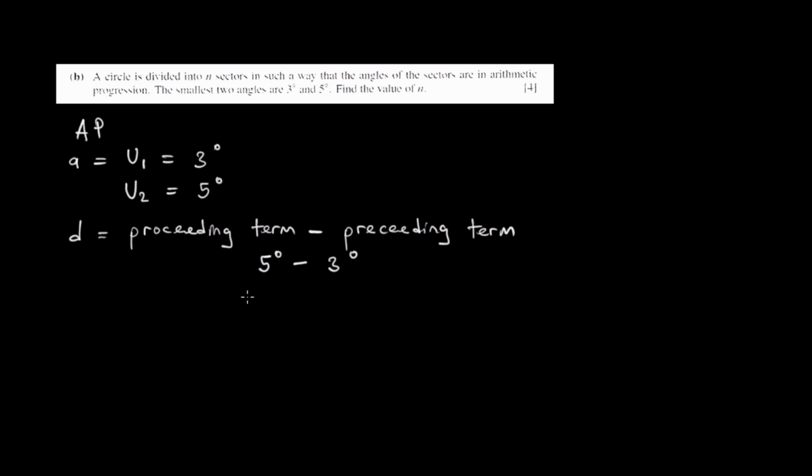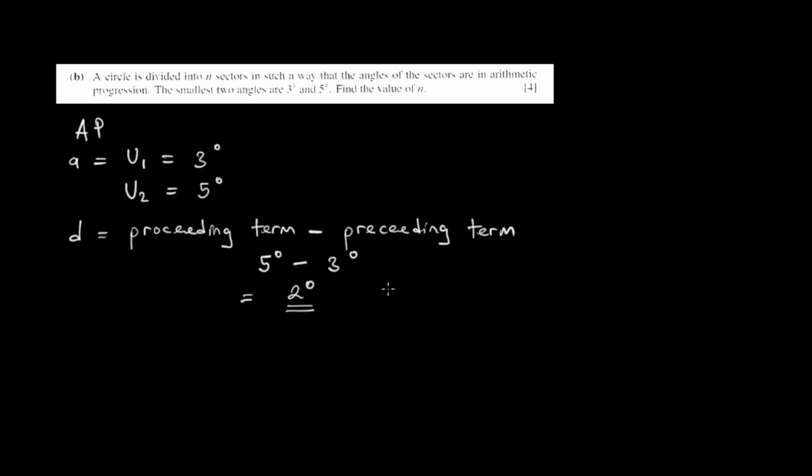From what we have been given, we know that for an AP we need a common difference. The common difference d we know is equal to the preceding term minus preceding term. The later term is 5 degrees, the earlier term is 3 degrees, and we get a common difference of 2 degrees, like that.